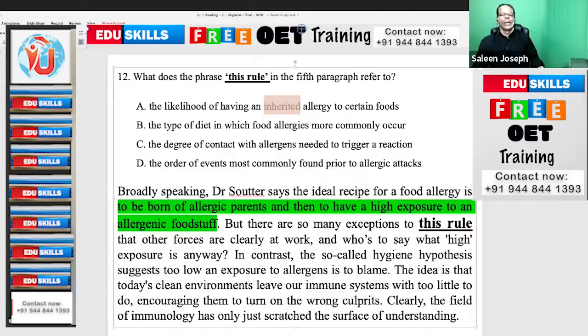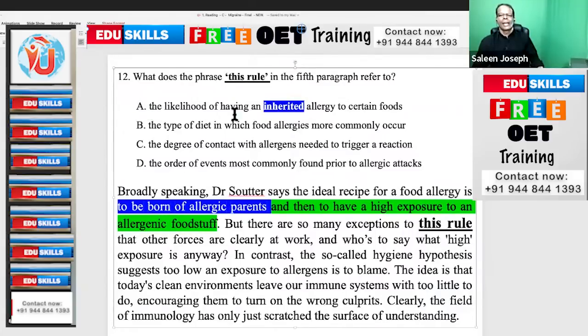The rule is plural, and this is singular. Here you have two things. One is to be born of allergic parents, which means inherited. Is that clear? Yes, Father. Inherited. I'll make this also the same color.